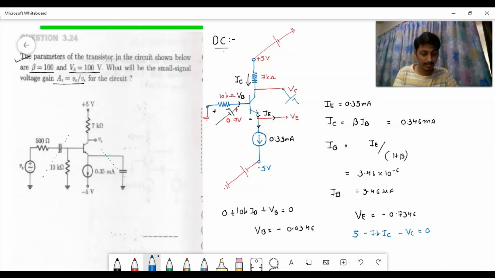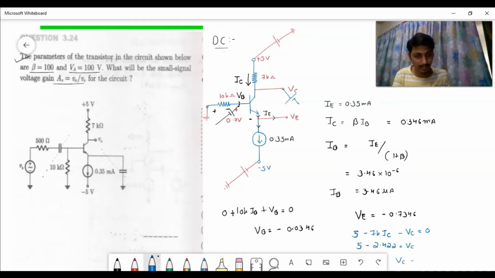So it comes out to be 5 minus 7k IC, which is 7 into 10 raised to 3 into 0.346 into 10 raised to minus 3, so 2.422, and VC equals 5 minus that, 2.578.